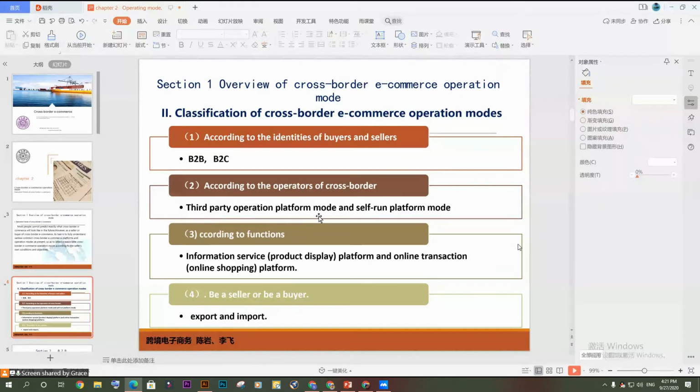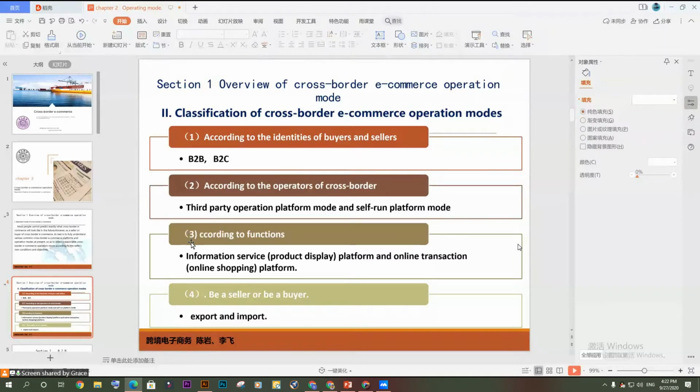Okay, this is number 2. What is an example of a self-run platform? Just like you said, Walmart is a self-run platform. And the self-run platform is usually not very big, because it is just for yourself to sell products on.